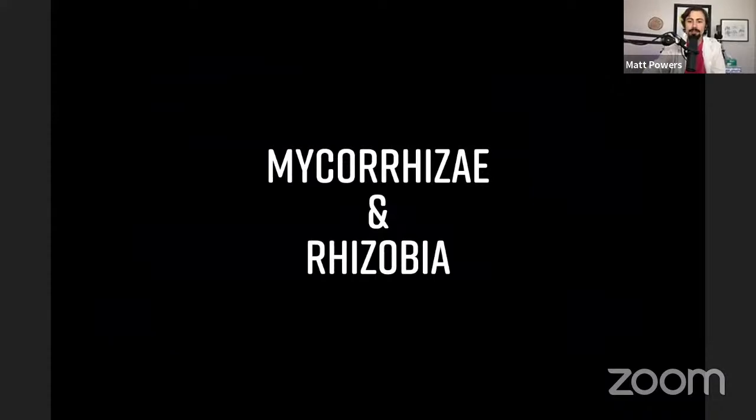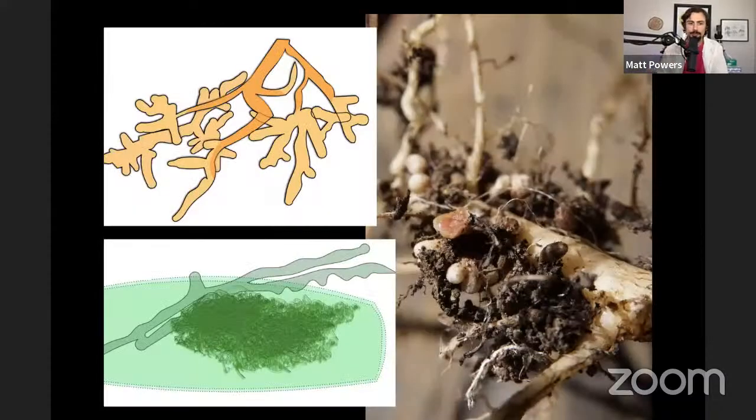And then mycorrhizae and rhizobia, you guys probably know about these. We're inoculating our peas and beans and clover so they form nodules. That's Scotch broom on the right. Scotch broom is fascinating. I could go on and on about Scotch broom. It has Burkholderia in it, as well as rhizobia.